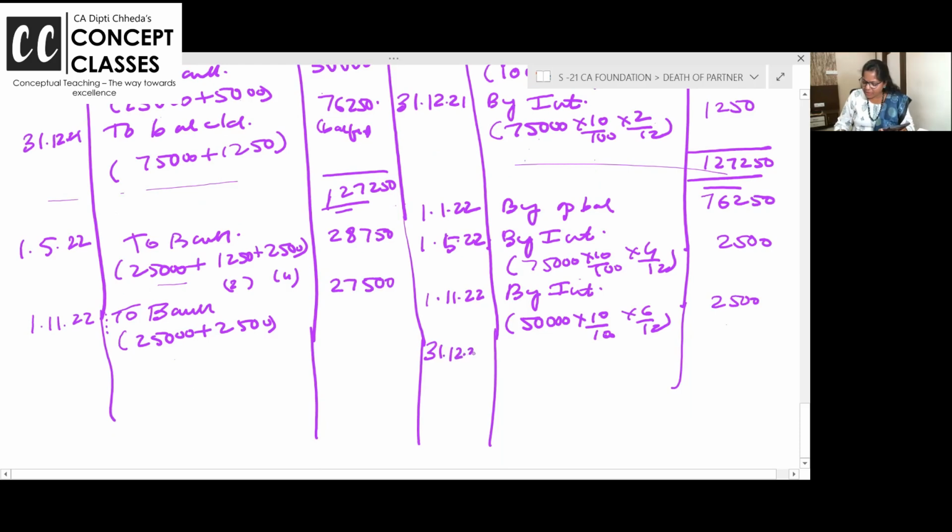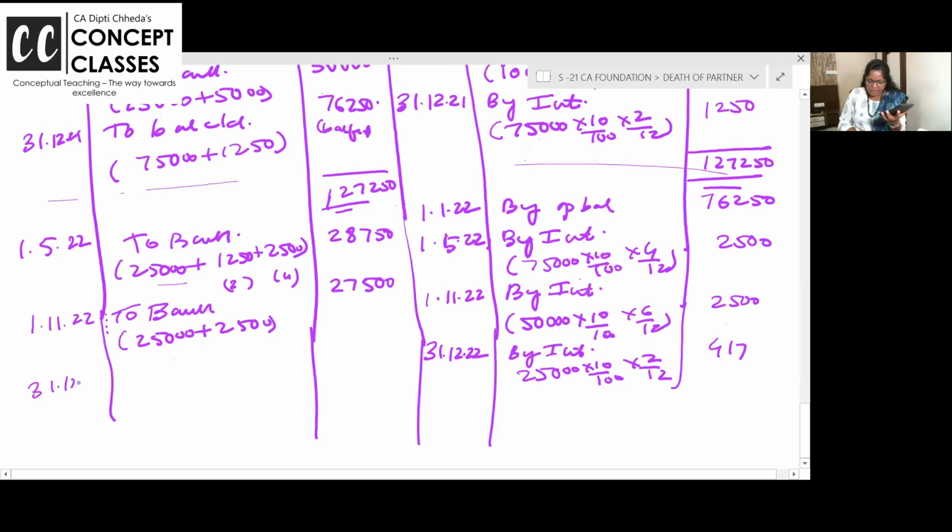Again 31/12/22, time to charge interest. How much is left now? Out of 50,000, 25,000 you have paid. Only 25,000 is left at 10%, for 2 months interest, November and December. 25,000 into 10% into 2 by 12. I am doing this extra, dear students, just to make you practice some nice concepts. That is 417.